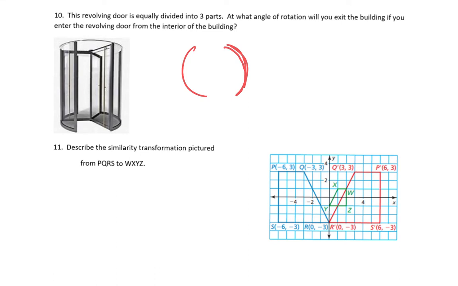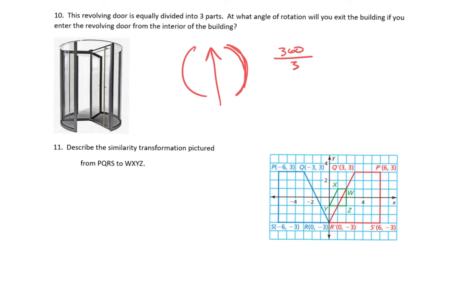Yeah, the thing moves around on the inside, but really you go out 180 degrees from what you came in. So I'm going to argue that question. I think it's something to do with rotational symmetry. So I'm thinking they're wanting you to do 360 and it's divided into 3 parts. I think that's what they want you to do, but not sure if I'm buying it.